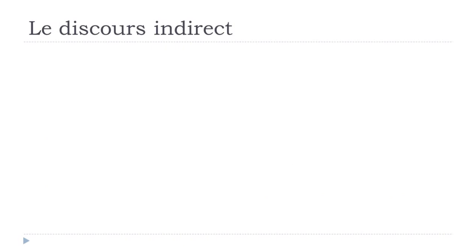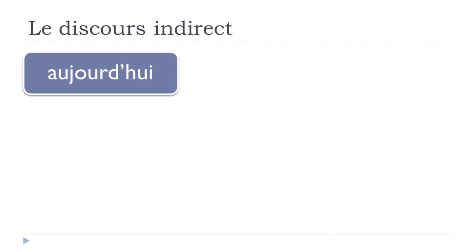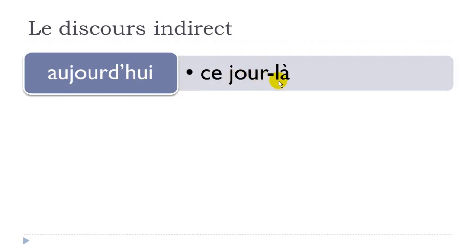But of course, if you're using these expressions de temps, they will change too, and we'll see how. So if you say aujourd'hui, today, at the direct form, and you want to transpose that into this discours indirect form, it will become ce jour-là, this day, ce jour-là.